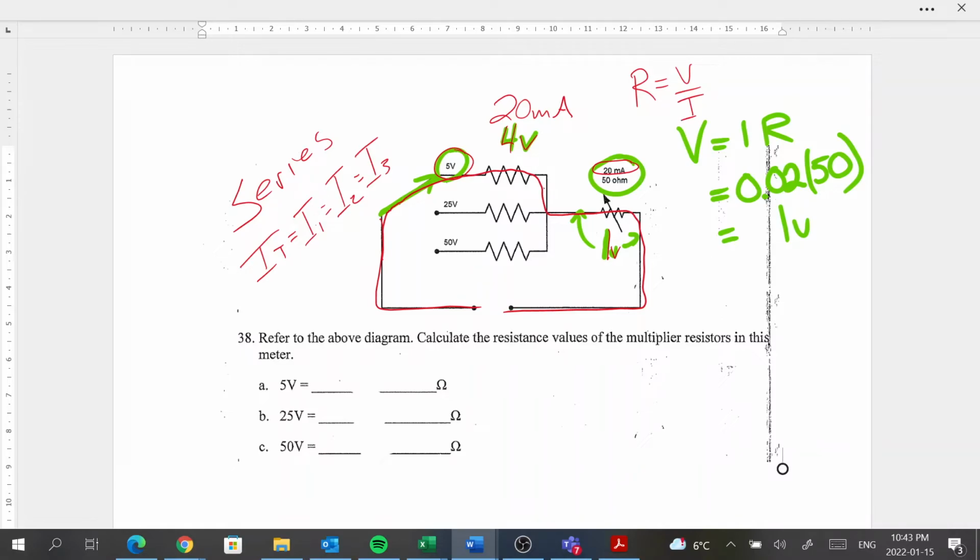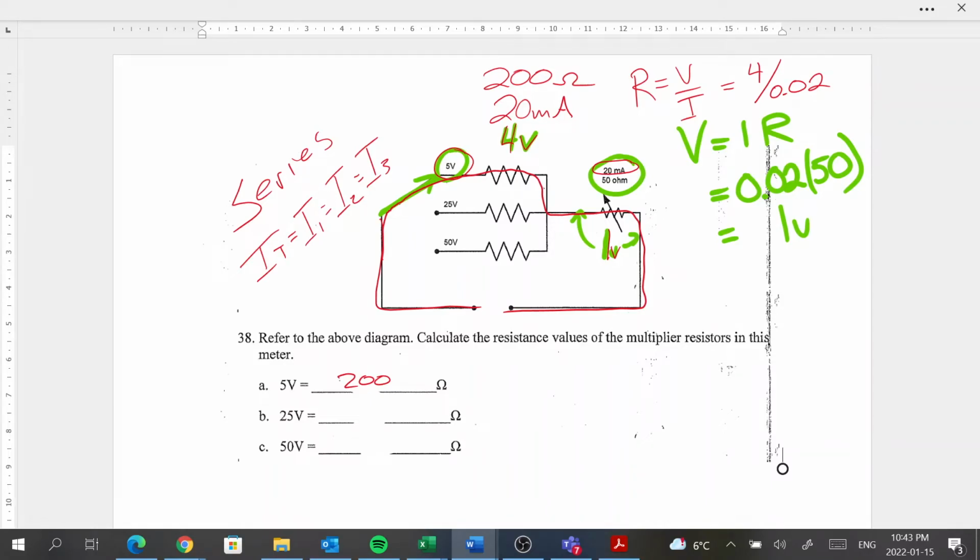So R equals V over I. So 4 over 0.02, which gives us a resistance of 200 ohms. So we can write that in here.